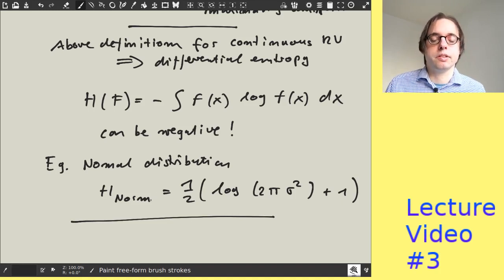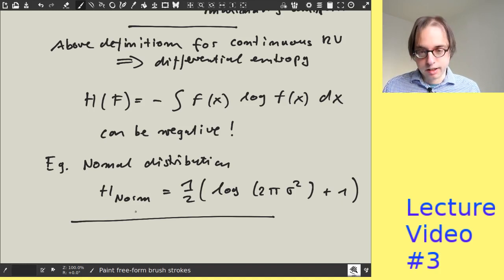And as I said before, you can use this now to characterize distributions. The uniform distribution is the maximum entropy distribution. And for continuous variables, you can say, for instance, you specify the mean and you specify the variance, and then you can show that the normal distribution is the maximum entropy distribution given a certain mean and a certain variance.